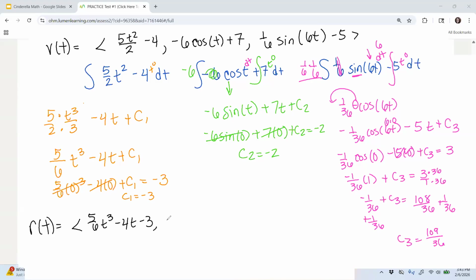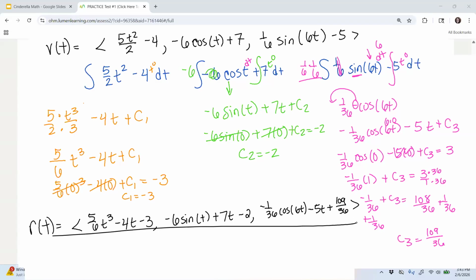The green answer, negative 6 sine of t plus 7t minus 2. And then the pink answer, negative 1/36 cos of 6t minus 5t plus 109/36. That is your final answer. That one's pretty nasty.